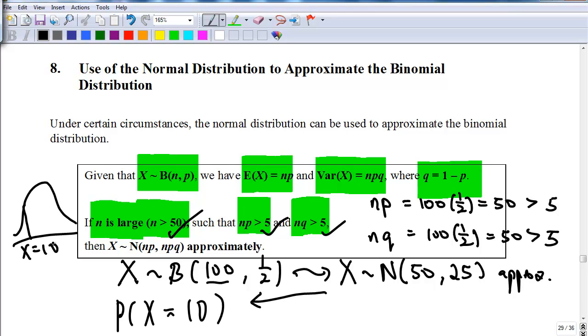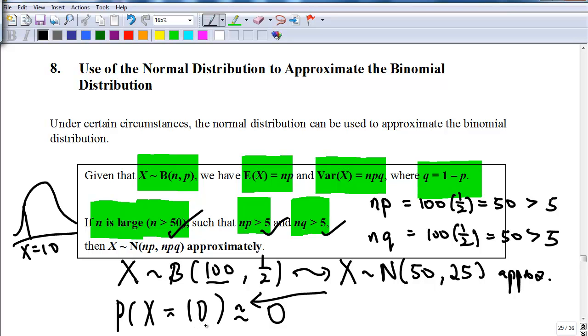So if you look at the number 10, the area under the graph is 0 because x equals 10 is a vertical line. So strictly speaking, if you just make that approximation, then this probability is going to be 0. In fact, it's always going to be 0 for the probability of x equal to a single number. So if that's the case, the approximation to a normal distribution is not going to be very helpful.